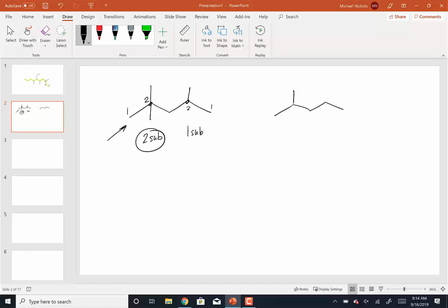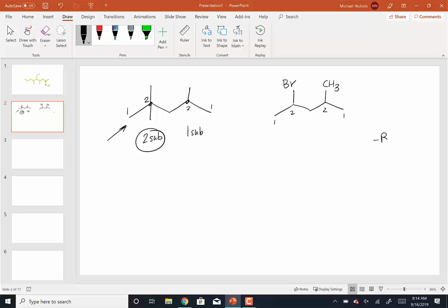So if the number of substituents is the same, let's say I have a bromine here and I have a CH3 here, then 1, 2 versus 1, 2, I'm tied. If I'm tied and the number of substituents is the same, I go with the first alphabetized substituent.